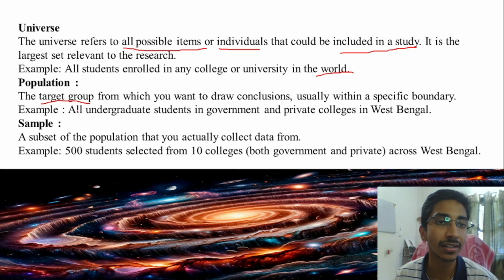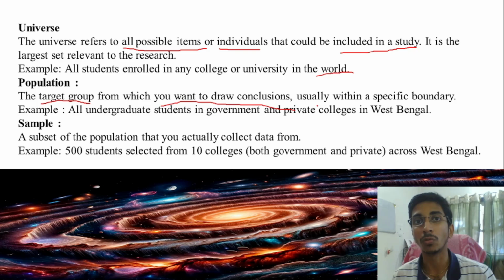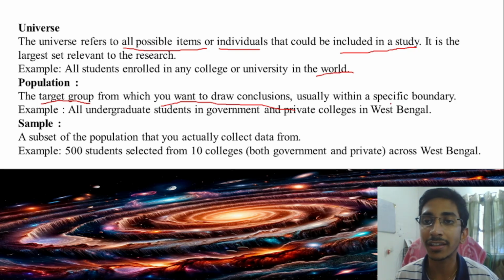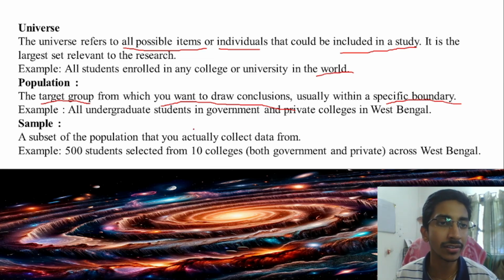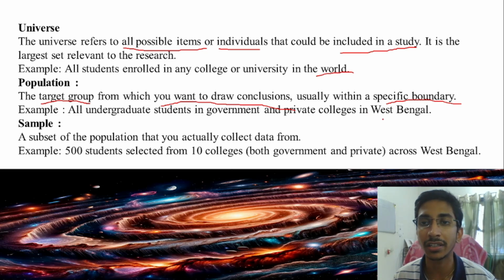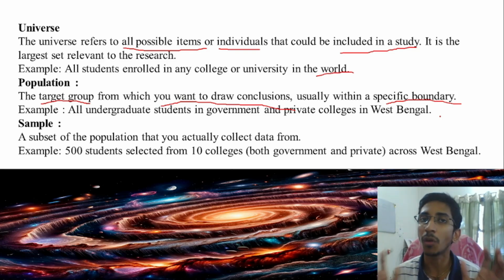So population is the target group from which you want to draw conclusions and want to know the behavior of the population. Usually it is within a specific boundary. For example, all undergraduate students in government and private colleges in West Bengal. So we set a boundary in West Bengal, in government and private colleges, and we call it the population.